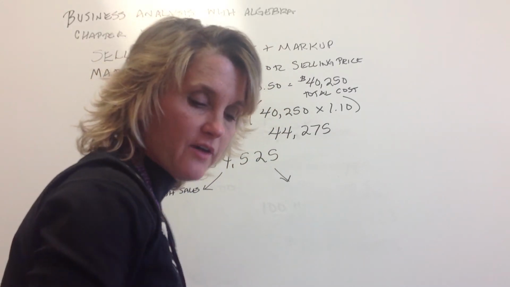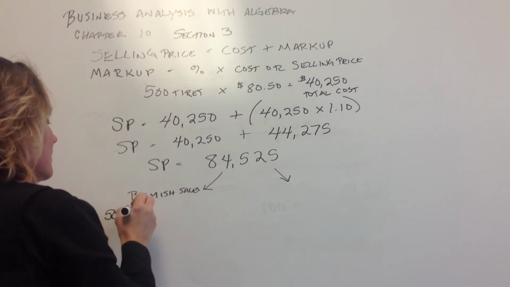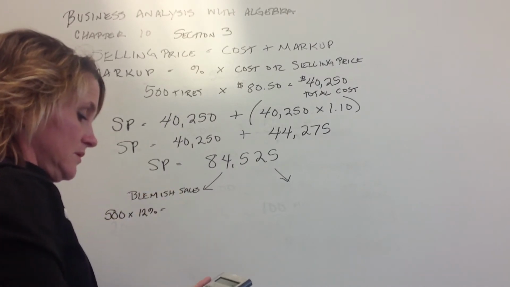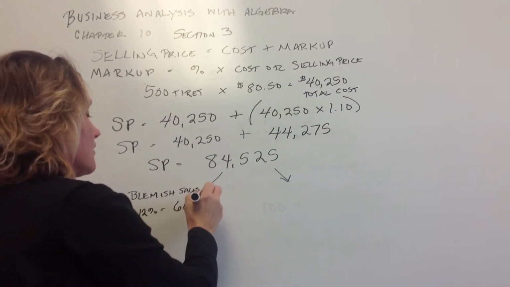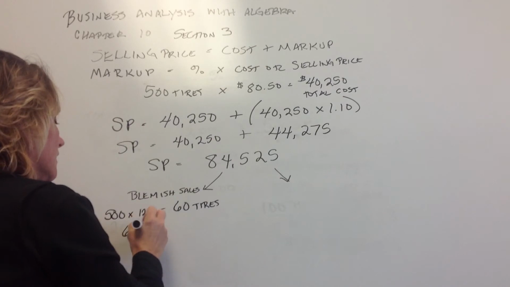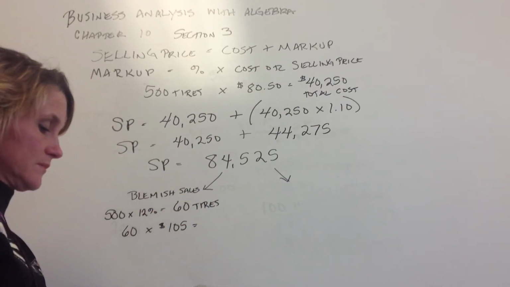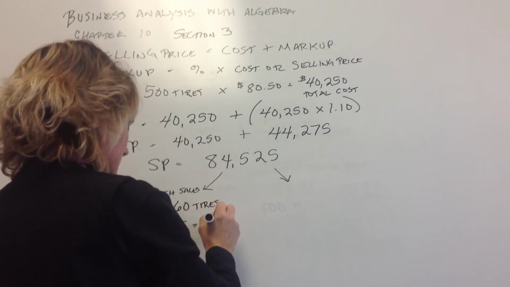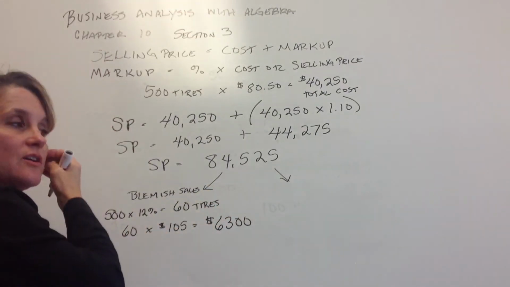So if they have 500 tires times 12% or 0.12, that tells us that 60 tires will be sold at $105. So that means they're going to make $6,300 on these 60 tires.